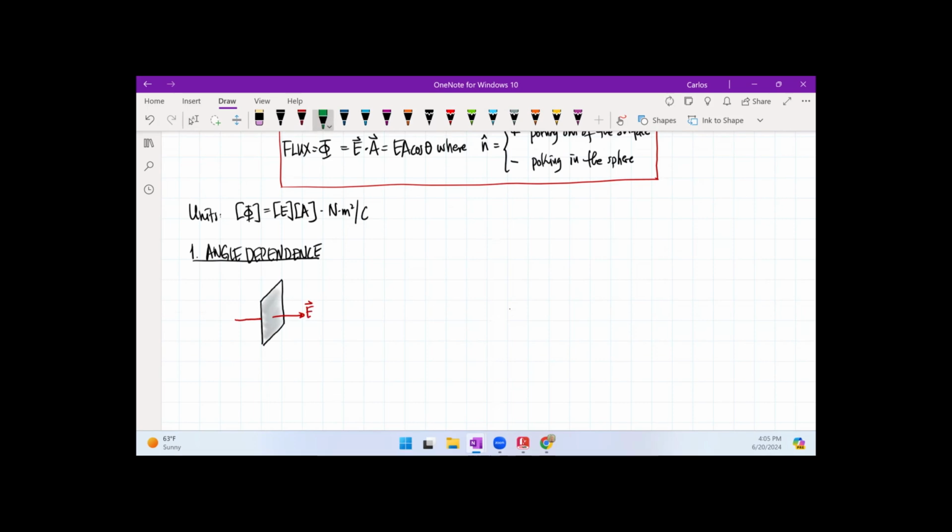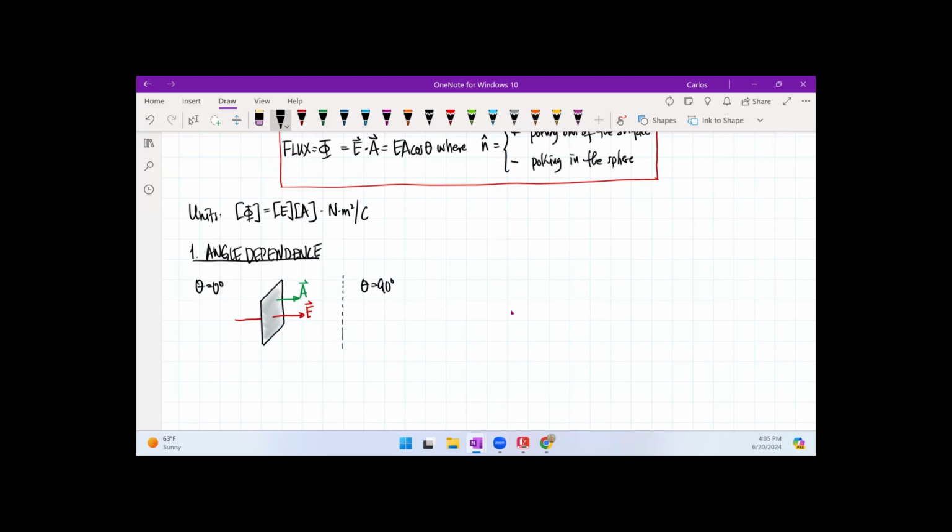And then the area vector is going to be normal to the surface. It's going to look like that. So if this is the case, then theta here is 0 degrees. I can do the same thing for the angle equal to 90 degrees.